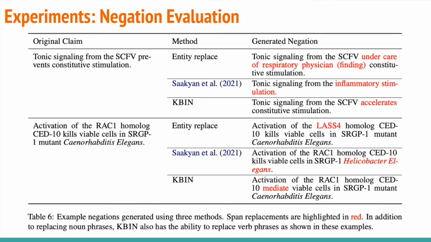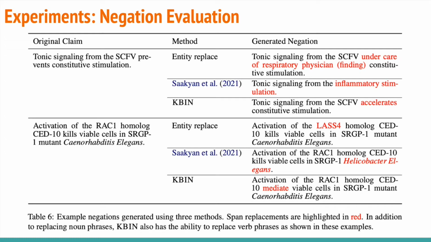Next, the third research question is to evaluate the negation quality. They compare against two baselines. One is entity replacement, so essentially it's just using NER and replacing the entity with some other entity.